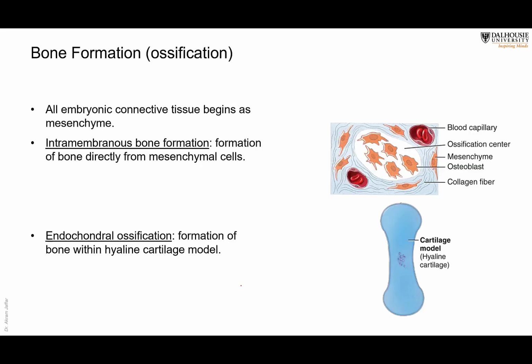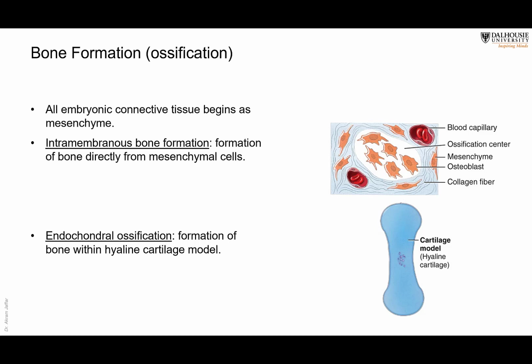Now, an important subject to keep in mind is bone formation, or ossification. As we mentioned, all embryonic tissue that was mentioned earlier arises from mesenchyme. So here we have mesenchyme. These are large irregular mesenchymal cells, and these mesenchymal cells either change into osteoblasts, and this is what we call intramembranous bone formation.